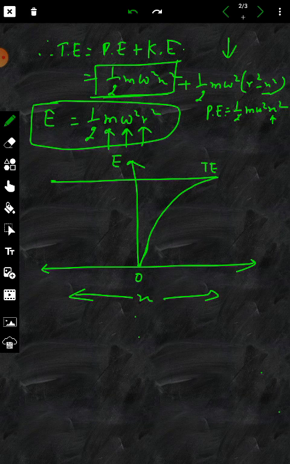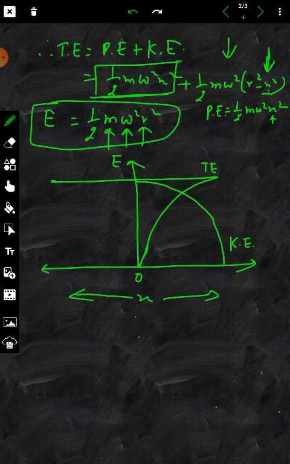And what about the kinetic energy? This is given by this equation: at mean position when x is 0, kinetic energy will be maximum, and as x goes on increasing, kinetic energy goes on decreasing. As we move towards the extreme position, the kinetic energy goes on decreasing to 0.